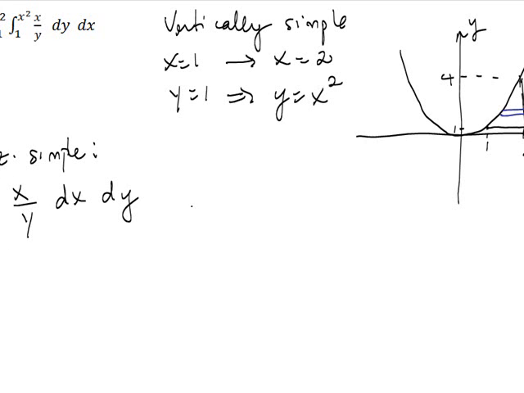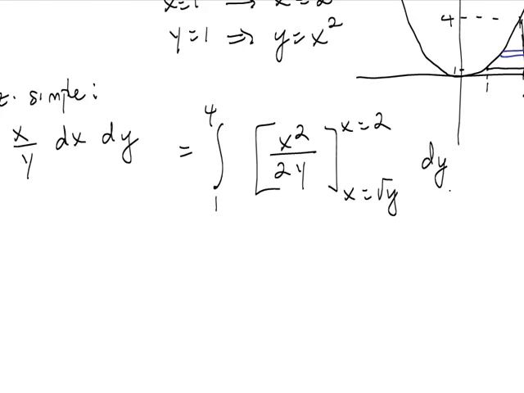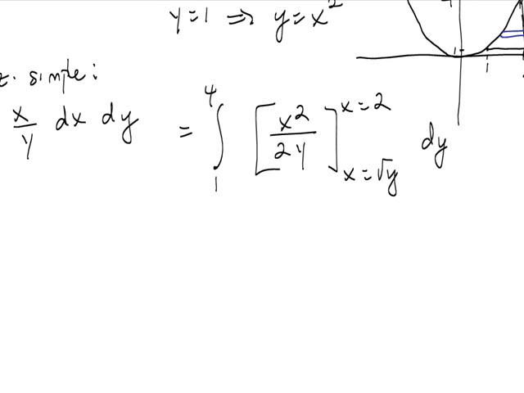Okay, let's integrate. This is the integral from 1 to 4. Integrate x over y with respect to x: x squared over 2y from x equals square root y to x equals 2, dy. So this is equal to 1 to 4.